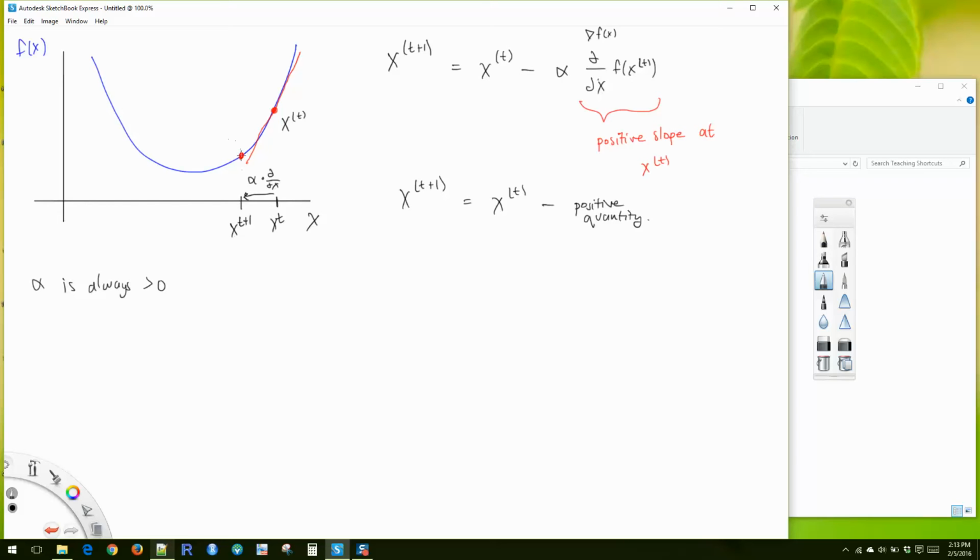At this point we've got the same kind of thing going on: a positive slope, but the slope is much smaller this time. At x at t plus 1, the next place will be x at time t plus 2. I'm subtracting off alpha times a slope that is still positive here, but a smaller slope.